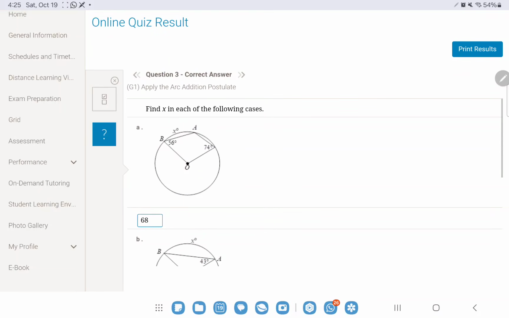Now this question is asking us to find x. So in this shape, we need to draw a line connecting O and A. Once we draw this line, we know that this line is going to be congruent to this line. Why? Because they're both radii in the same circle. Since they're both radii and they're both equal, it makes an isosceles triangle. So if this base angle is 56, then this base angle must also be 56.